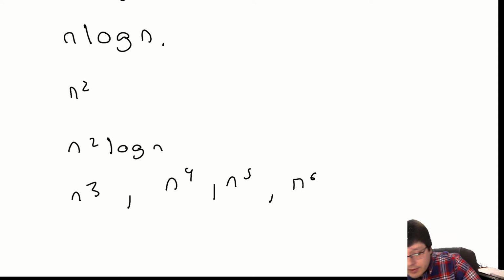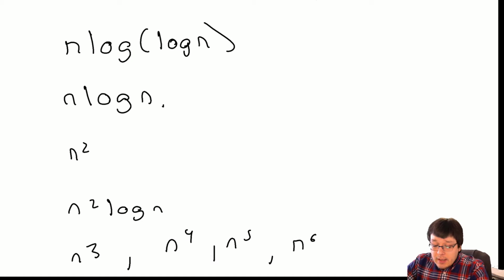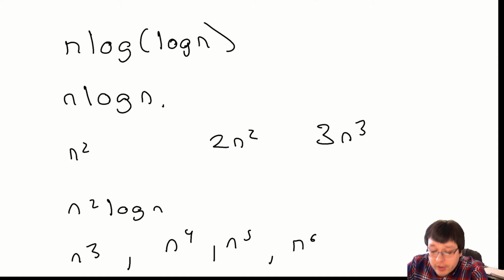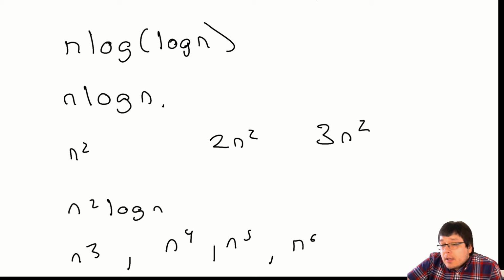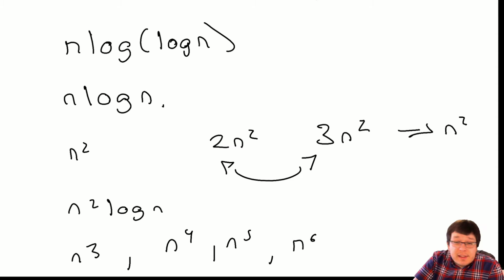But what I want to get to is, even within the n squared category, I am here to claim to you that if an algorithm takes 2n squared to run, and an algorithm takes 3n squared to run, square, not cube, that's irrelevant. They're both the same. They're both going to be n squared. Why? Because these are constant values. And constant values are insignificant when you're talking about asymptotic complexity because of the small difference they make.